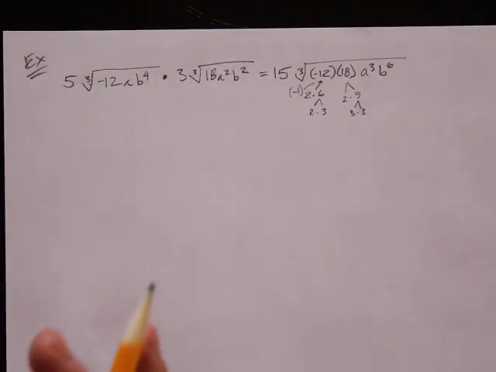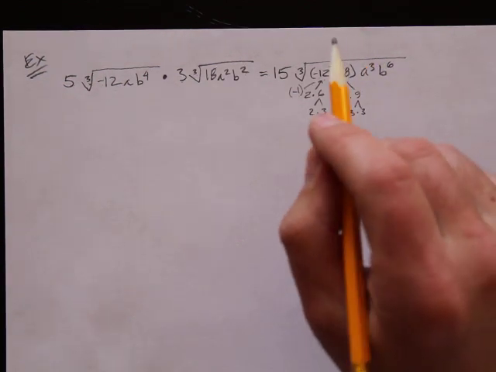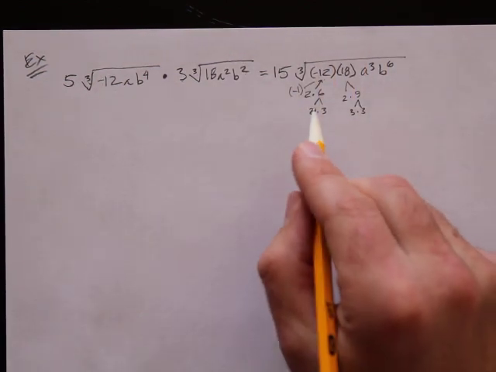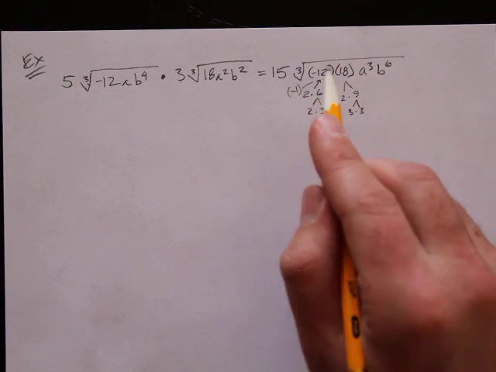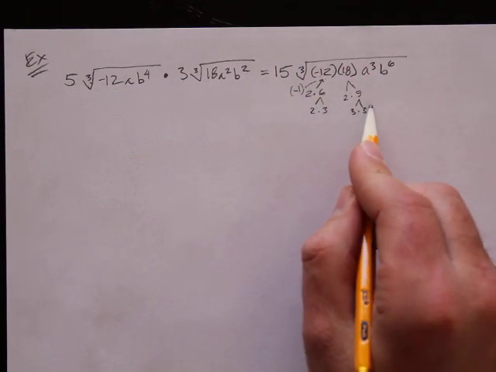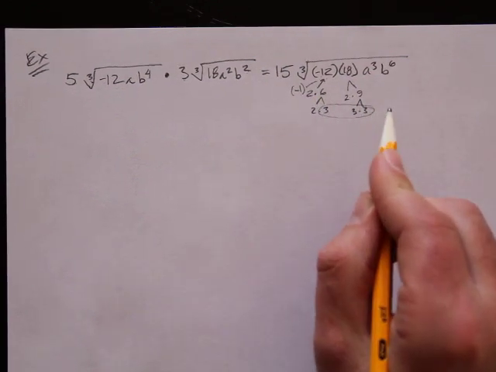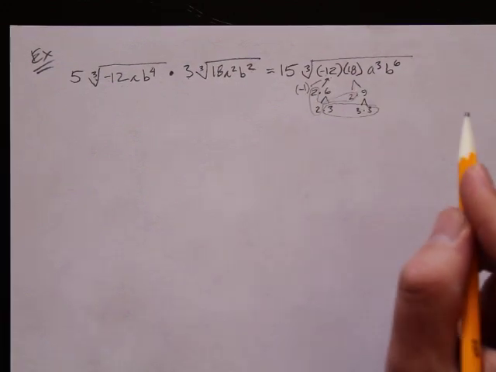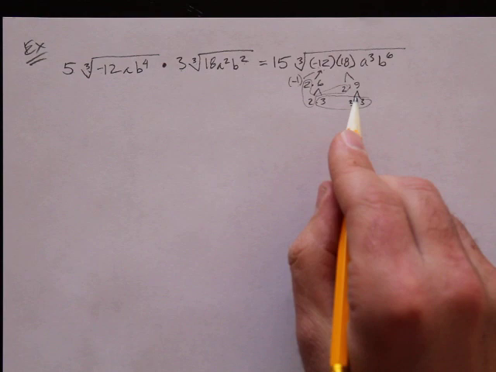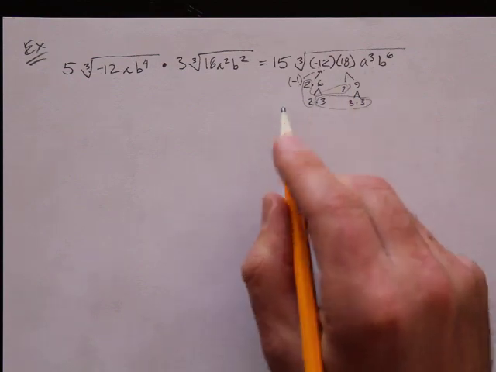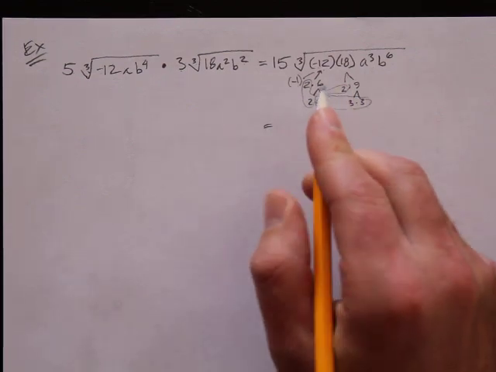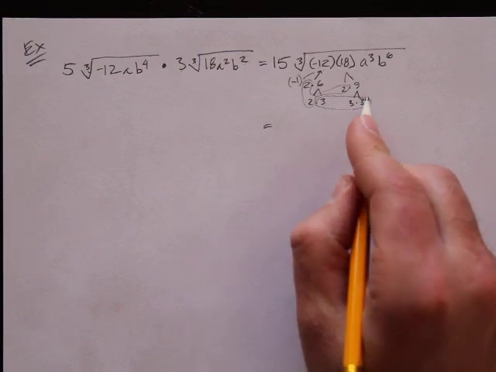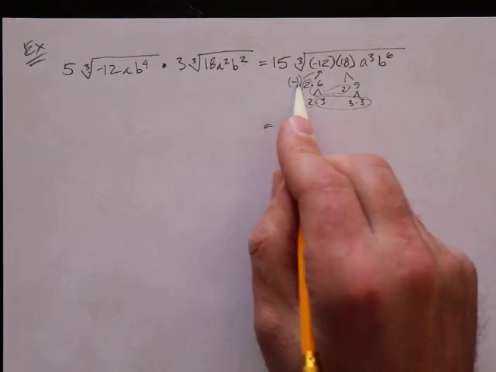Okay, now I need groups of 3. I've got 3 3s here, and I've got 3 2s here. That's great. That means I can take these 2s out, I can take these 3s out, I can also take this negative 1 out.